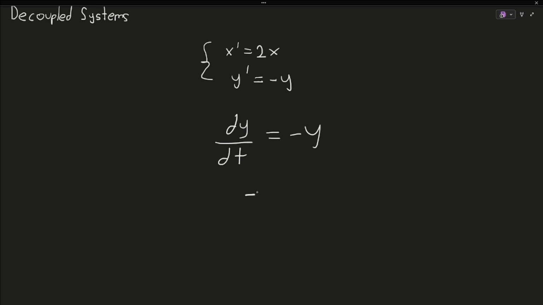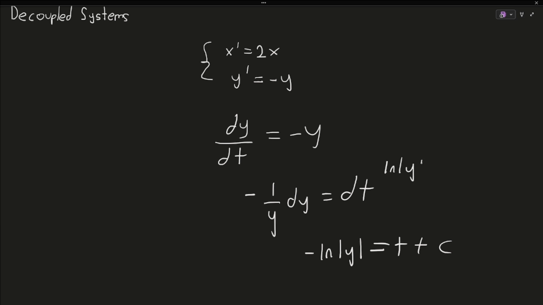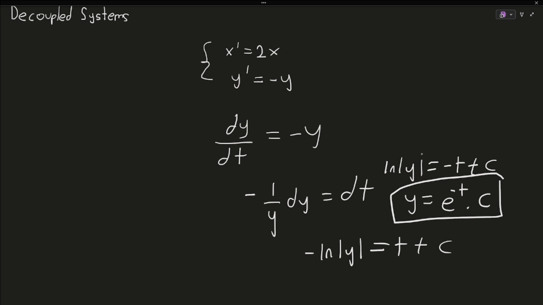So this will imply negative 1 over y dy equals dt. Integrating both sides will give us negative ln of y equals t plus c, and we will have ln of y equals negative t plus c, and y would be equal to e to the negative t multiplied by c, just like this here. So this is the solution for the second equation.